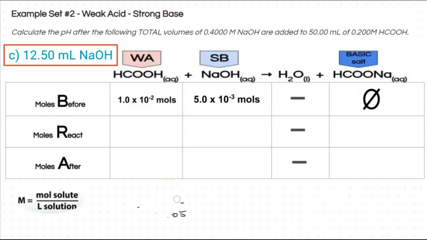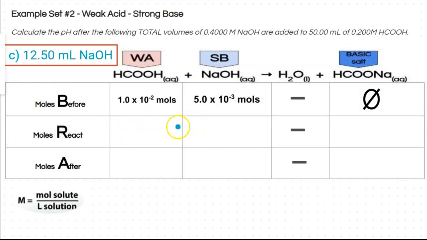For the base, I did the exact same thing with the base values. I took my base molarity of 0.4, and I calculated using 12.5 milliliters, so 0.0125. When I multiplied those to get X, I find that that is 5 times 10 to the negative third moles of the base.